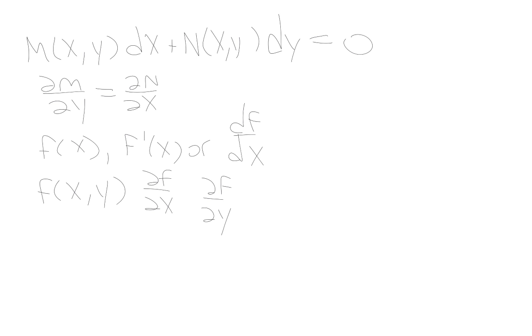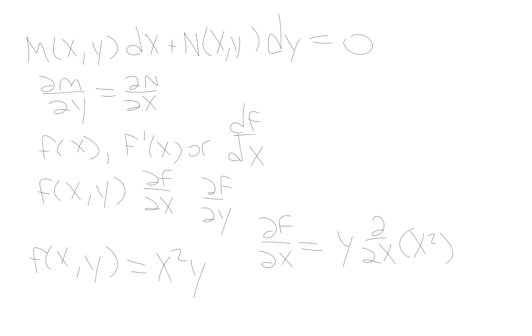So if I said f of x,y equals x squared y, and I wanted to take partial f with respect to x, that would be equal to y times the derivative with respect to x of x squared, and that would evaluate to 2xy. So that's a pretty general example of a partial derivative.